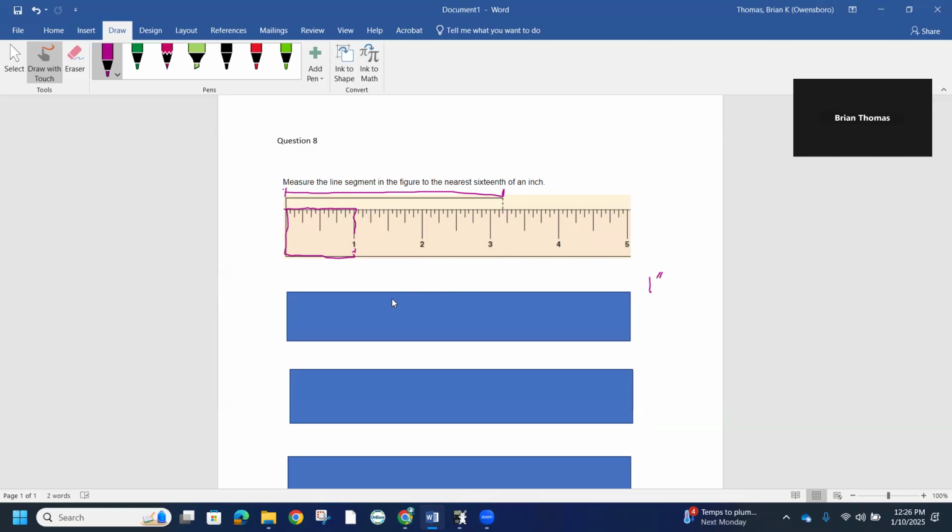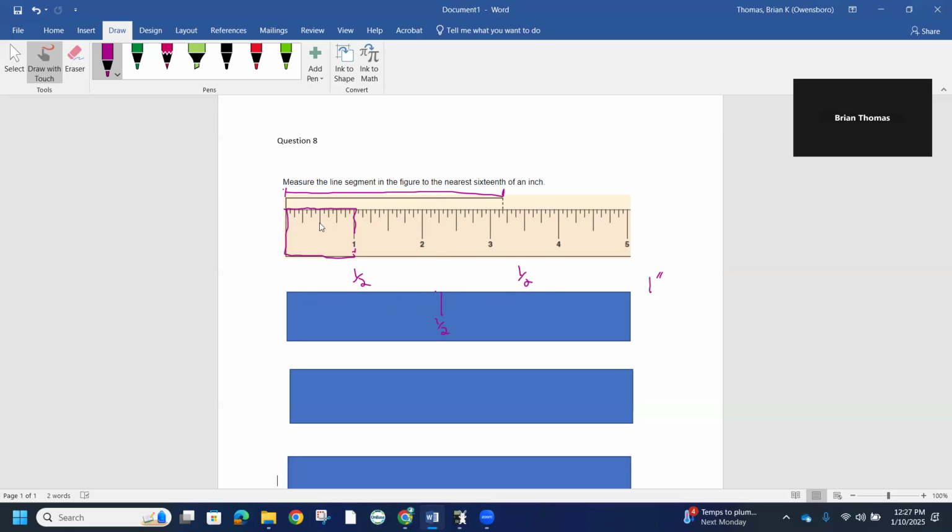To get into fractions, if I cut this in half, this becomes 1/2 and this would be 1/2. So 1/2 and 1/2 would make a whole, or 1 inch. This mark in the middle is what's called the half-inch mark.